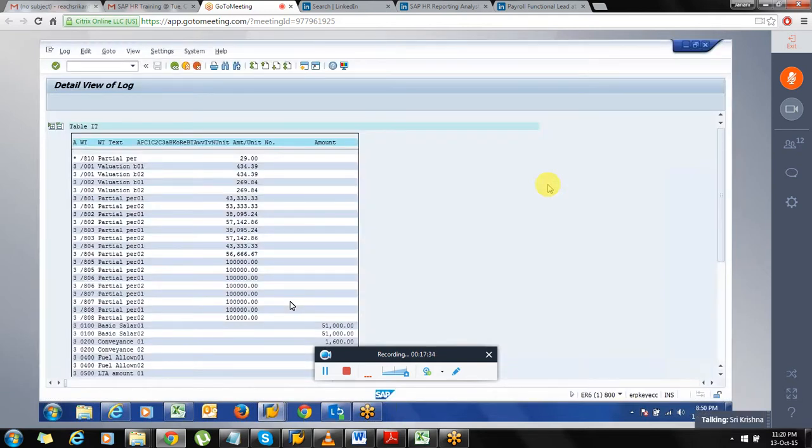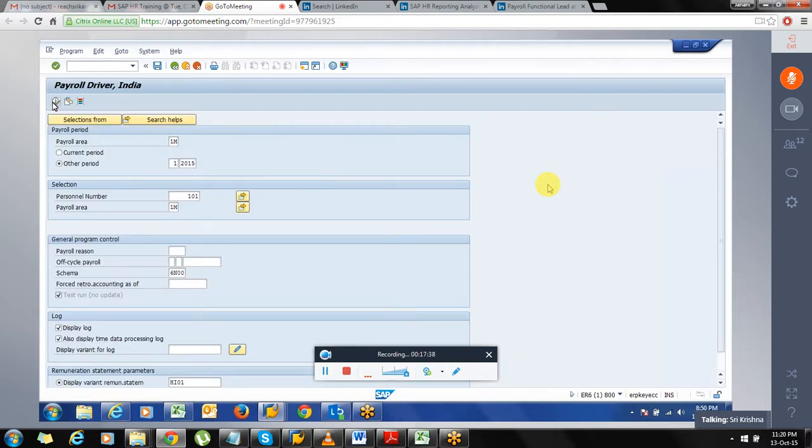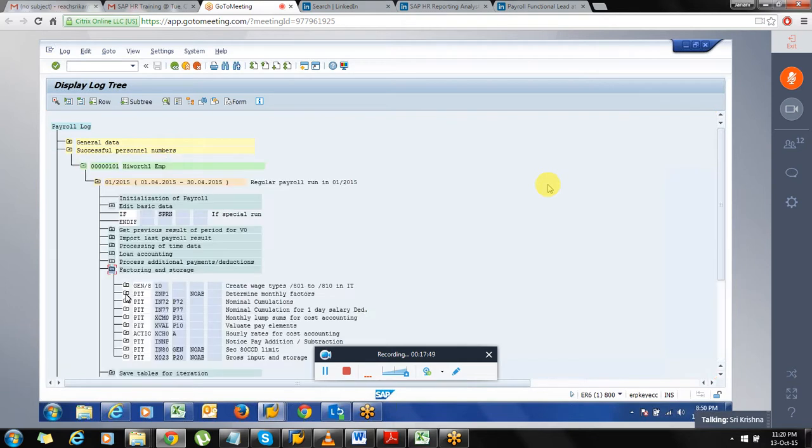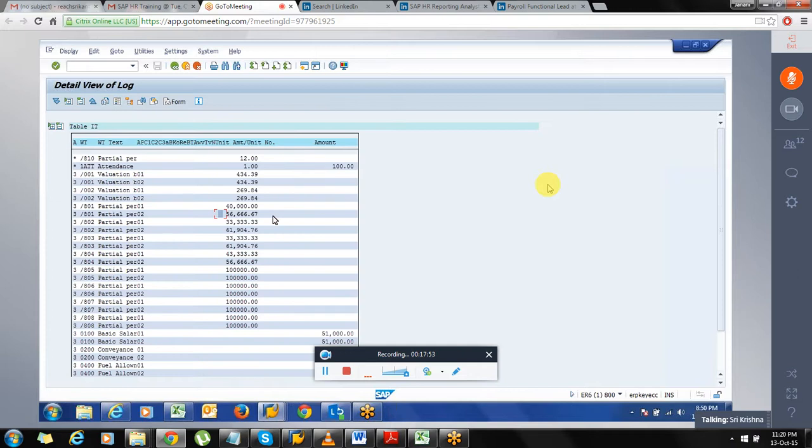The final value is the same, and you will get the same split differences over here. See, this becomes 40,000 and this is as it is. So apart from that, it won't change much.